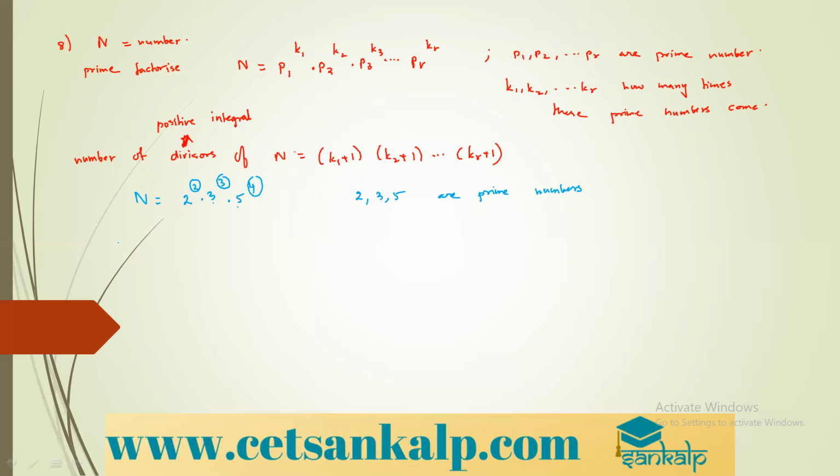If you want to find the number of divisors of n, the power 2 plus 1 into power 3 plus 1 into power 4 plus 1. That is 3 into 4 into 5. 60 divisors will be there.